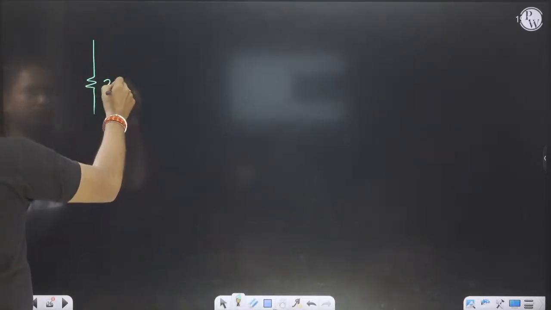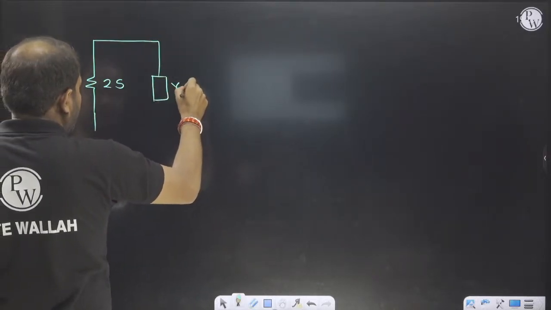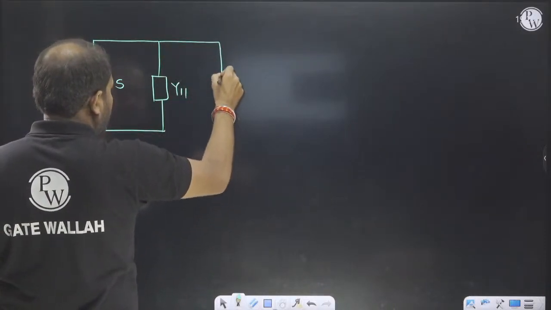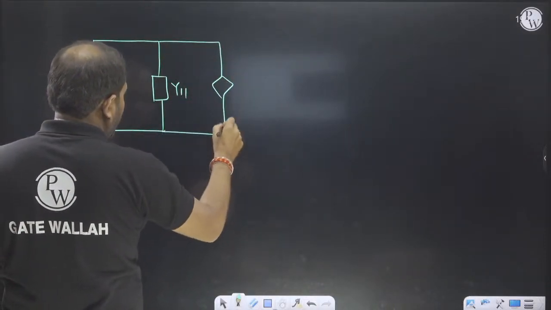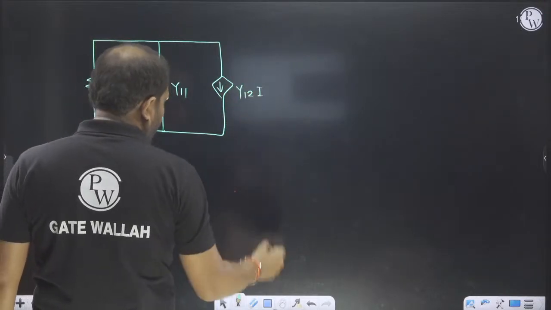How? This is our 2 ohm, and the Y parameter model has Y11, and there is a current source. If you understand this, then there is no problem.